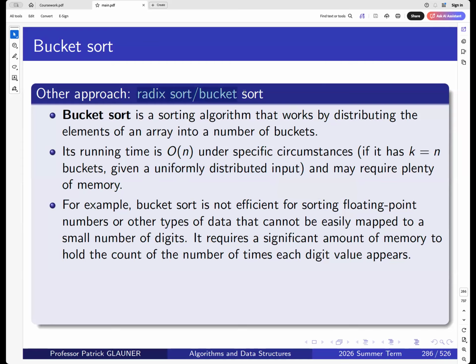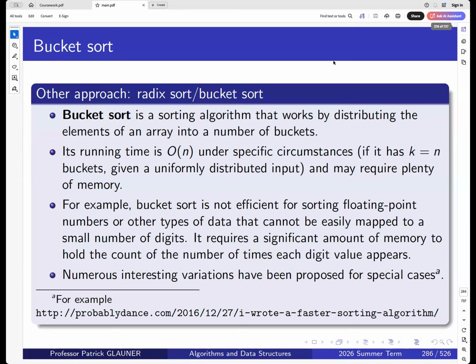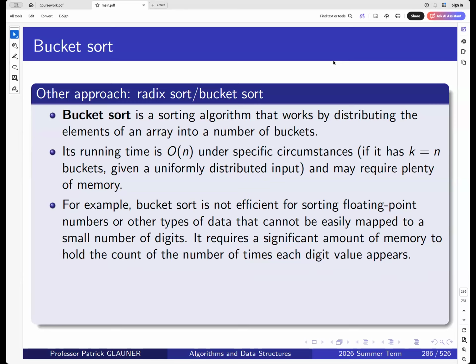And sometimes the literature distinguishes between radix sort and bucket sort, but I think more or less this is pretty much the same, at least to most people. And there are again a lot of variations of this approach.